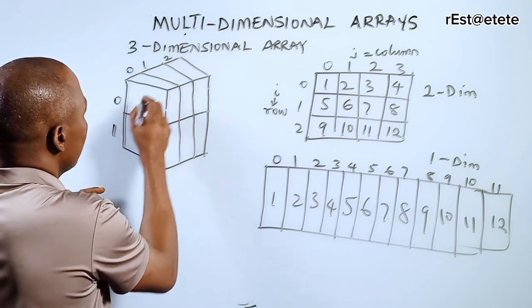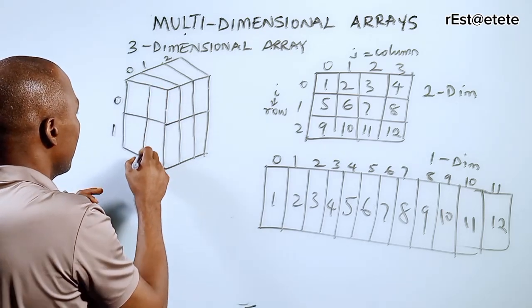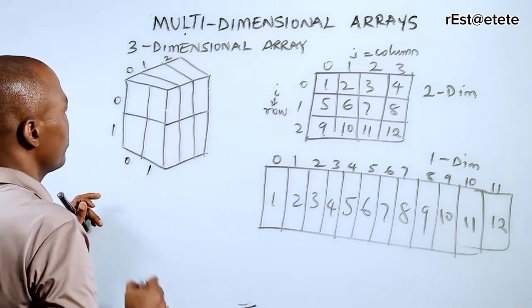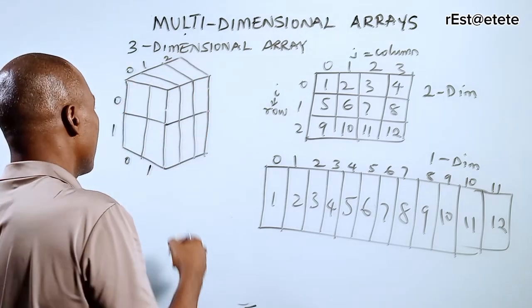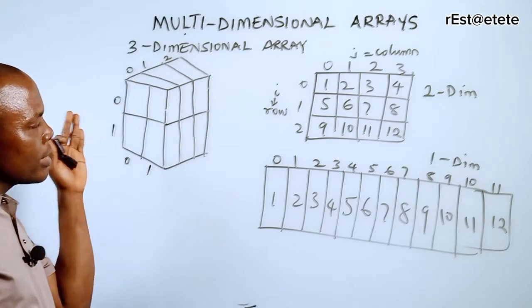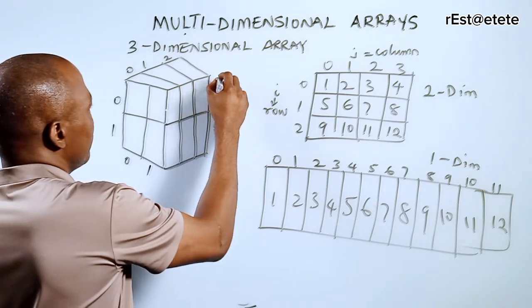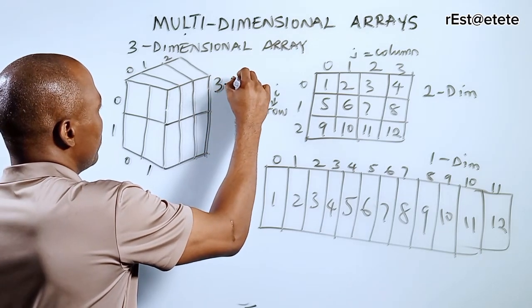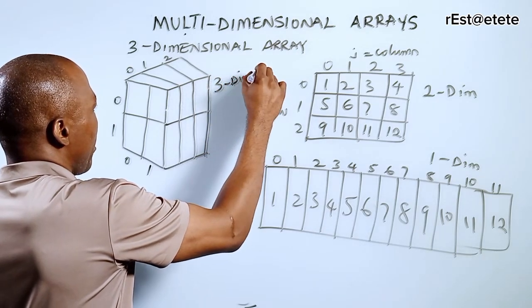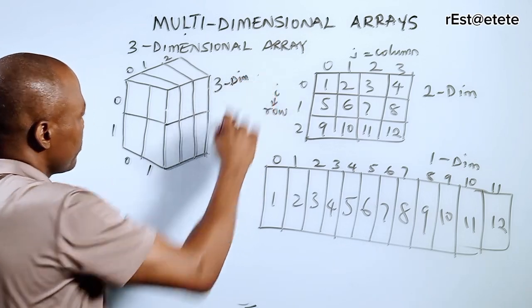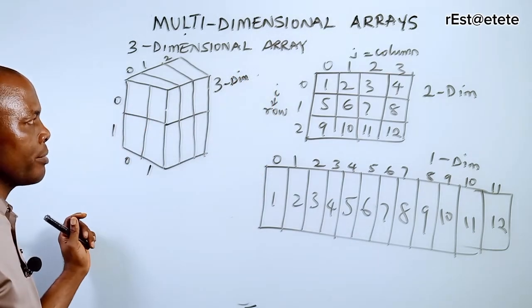So this is a three-dimensional. So I have 3 dimensions. So 3D. This is a three-dimensional array.